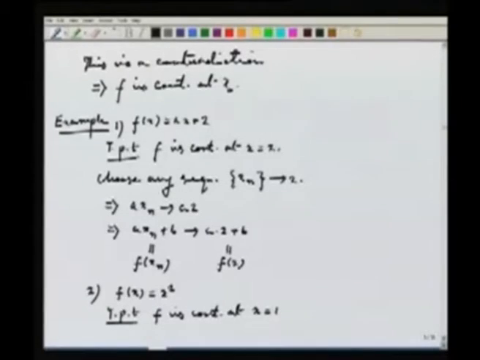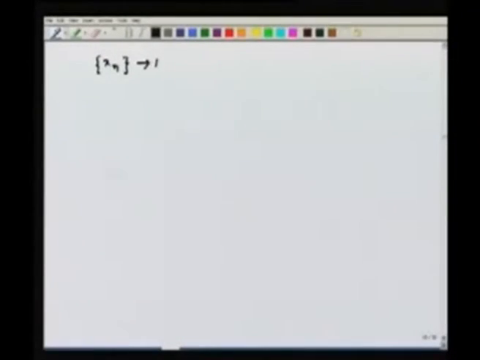So how should I proceed? Start with the sequence xn which converges to 1. But then this implies that xn times xn, which is xn squared, converges to 1 times 1, which is 1.